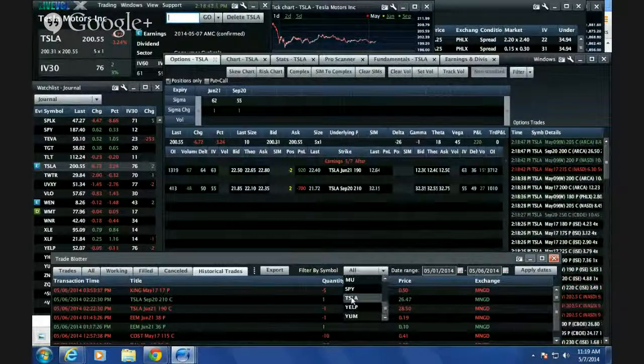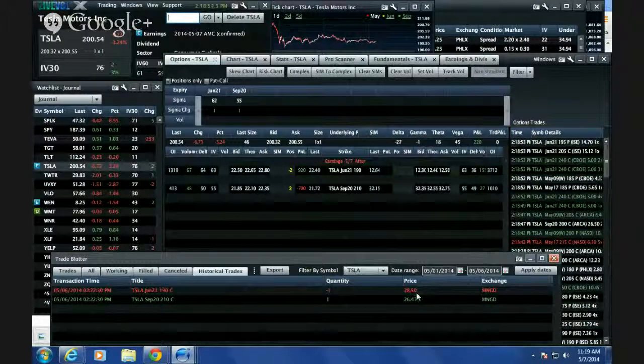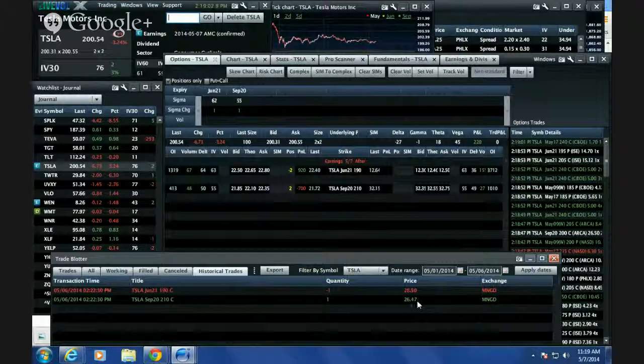Tesla. Right, so basically, I sold it for $28.50 and bought this for $26.50. So roughly $2 is what I got paid to do this spread.